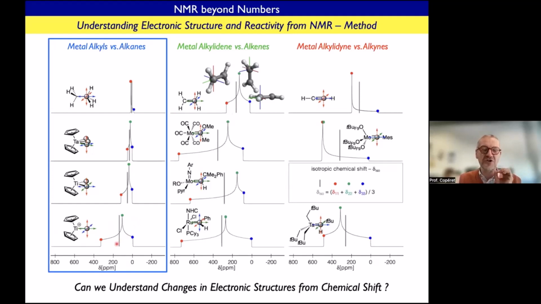If I just look at this tensor, you agree with me that it is very similar, and very different from a carbon in an sp3 configuration. So NMR tells you, just by looking at the chemical shift tensor, that drawing that molecule with a sigma bond is very likely incorrect.